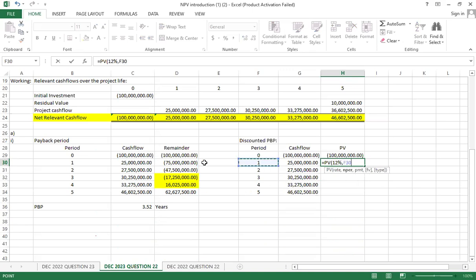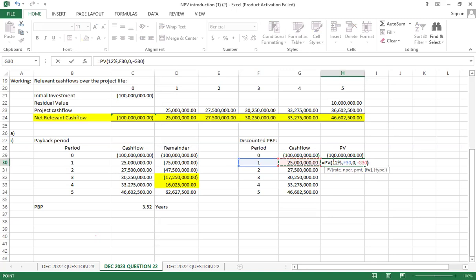So I click on that 1, comma, 0, comma, 0, comma, minus this future value. So it is present value, in bracket the discount rate, the NPER is the period, so you click the period, comma, 0, because these are single cash flows, you introduce that 0, comma, minus the future value.